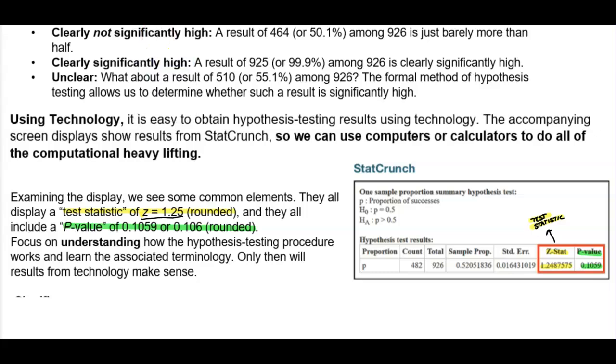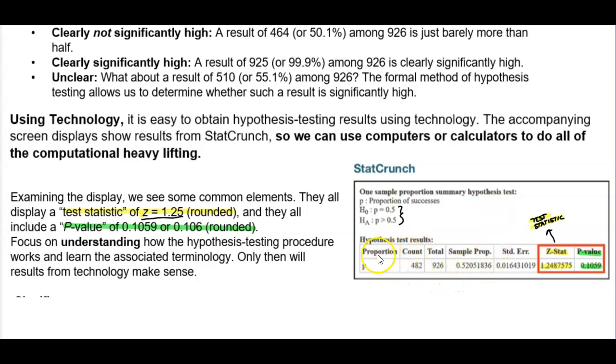And then here are our hypotheses, which represent our claim. Only with an understanding of how the hypothesis testing procedure works and the associated terminology will the results from technology make sense.